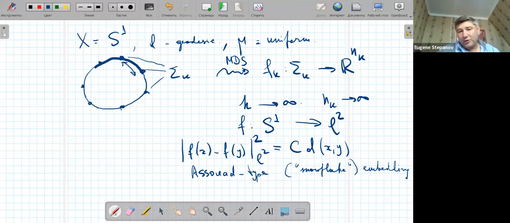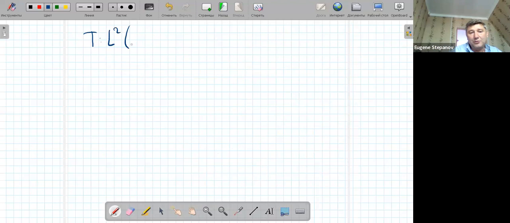And actually now we have the whole theory. What we know is that in general, in the limit you have an operator, let me call it T, from L2(X, mu) into itself.